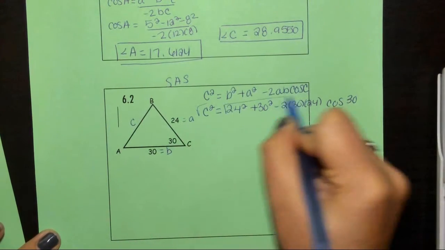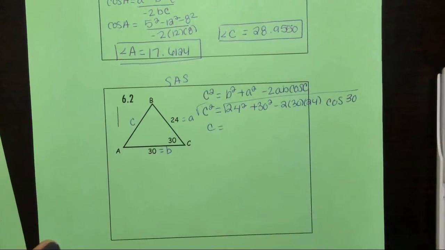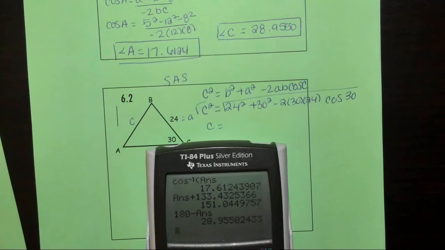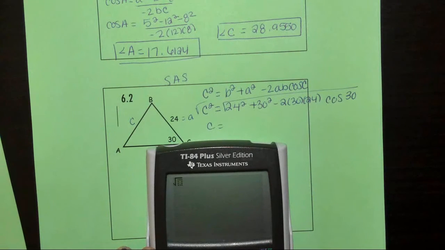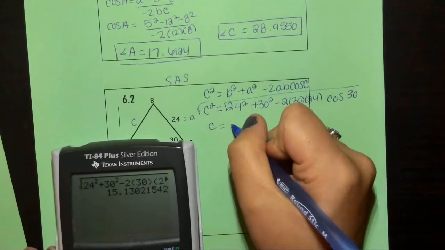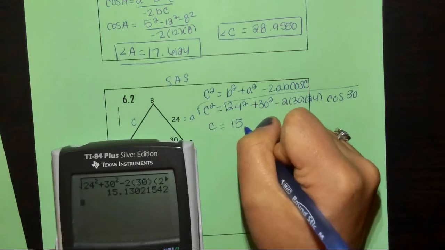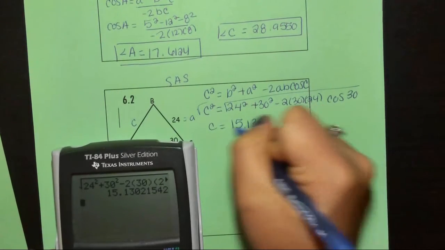And we would take the square root. So our side value for C is 15.1302.